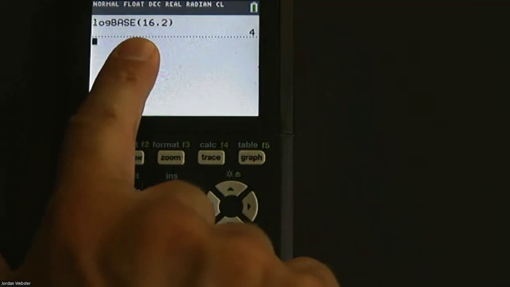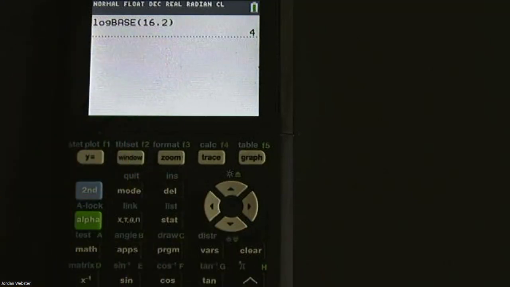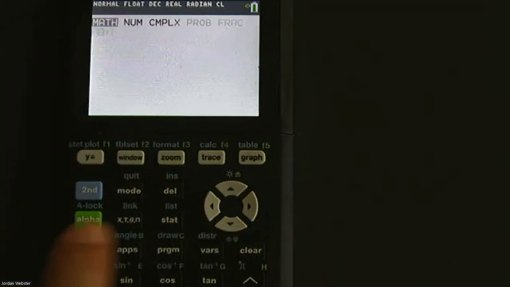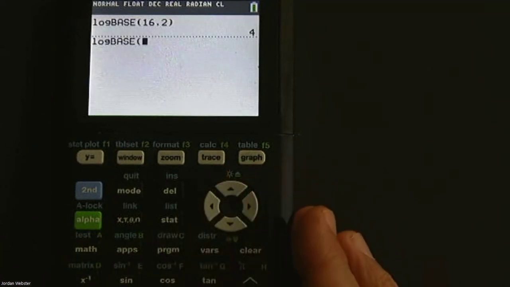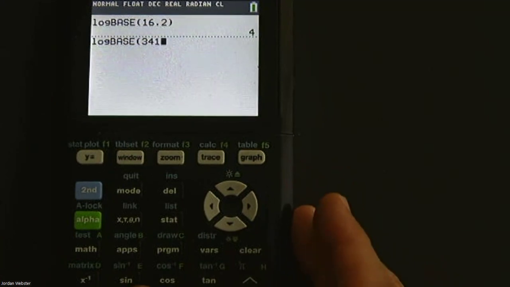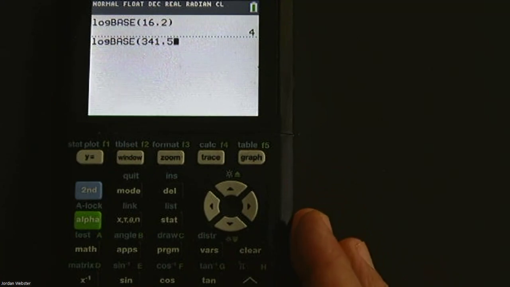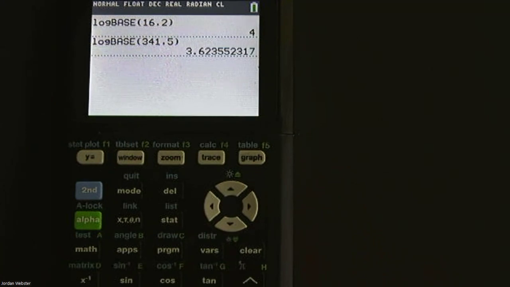So that's log base 2 of 16, log of 16 with base 2. And the same thing would go if we were talking about log base 5 of 341. We'd start by typing in the 341 and then hit a comma and then a 5. And we get that 3.62 number again.